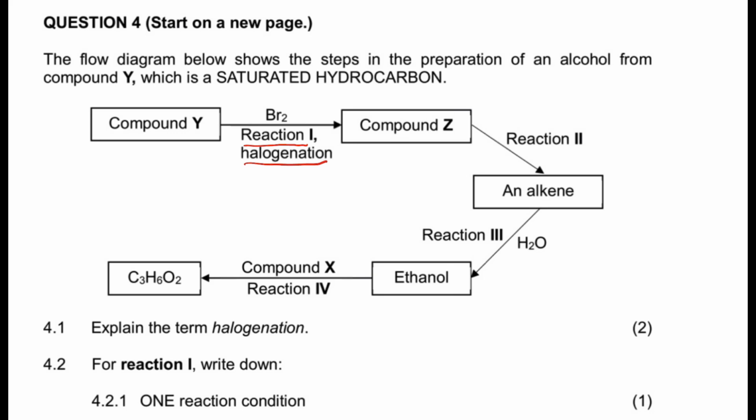And then compound Z will be a haloalkane. This one is an alkane, right? And then reaction 2 gives an alkene. That means reaction 2 is an elimination.